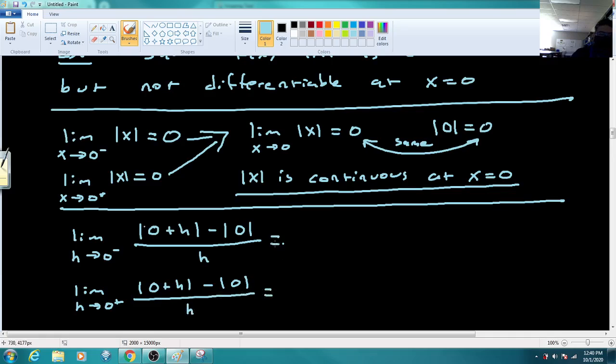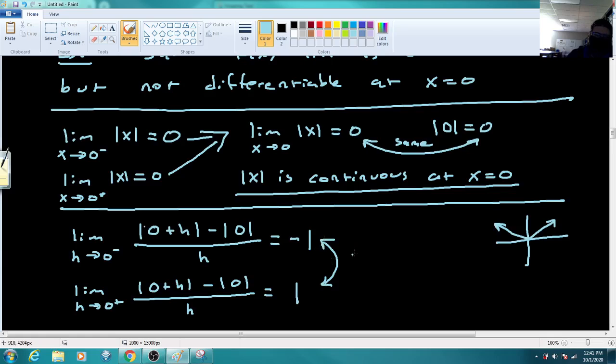Absolute value is this V shape. The derivative is the slope of the tangent line. When h approaches 0 from the left-hand side, that's going to give us negative 1 back. When h approaches 0 from the right, we get positive 1 back.